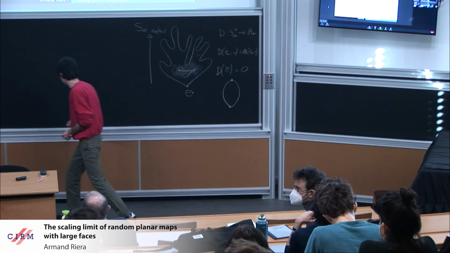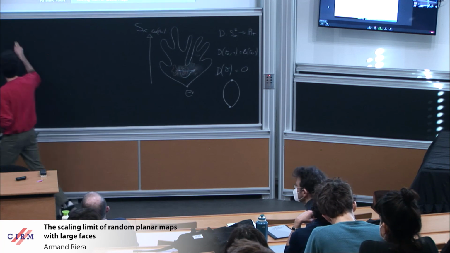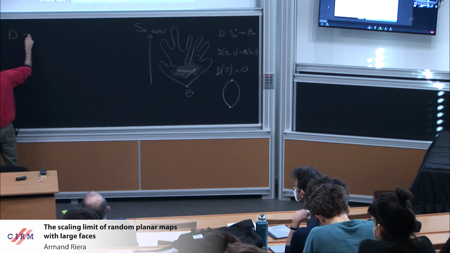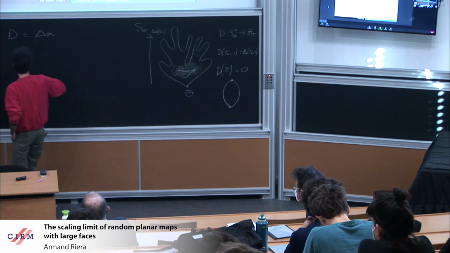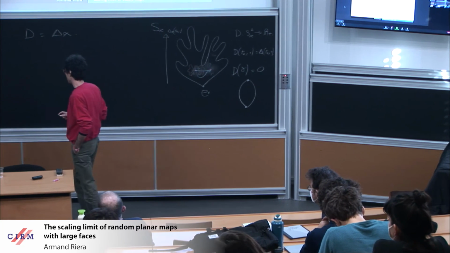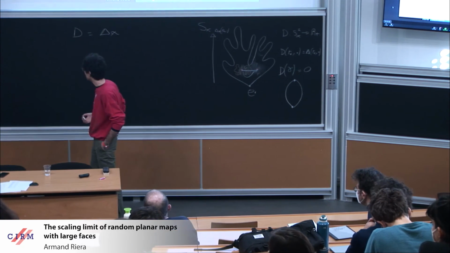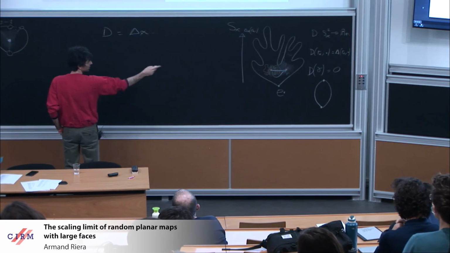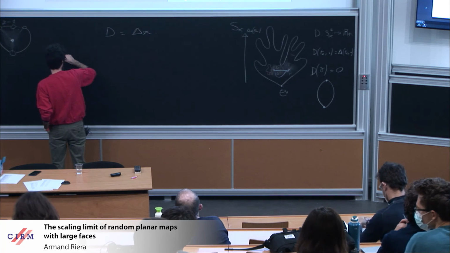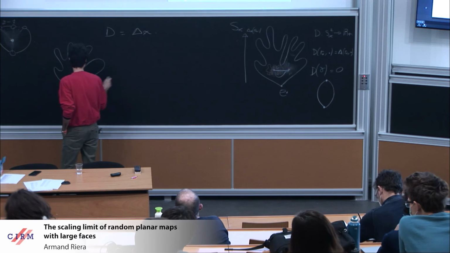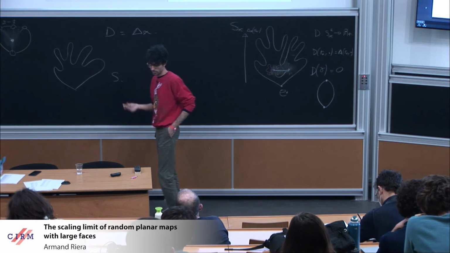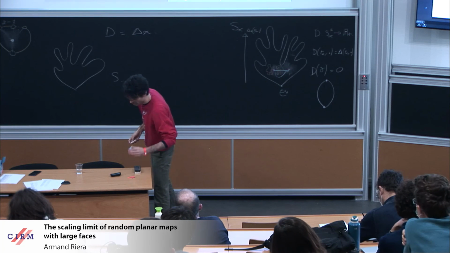Okay, okay, so the goal is really to prove this. And the idea is, as for the Brownian sphere, that now you can work on the topology of S because you know that D is a distance on it.